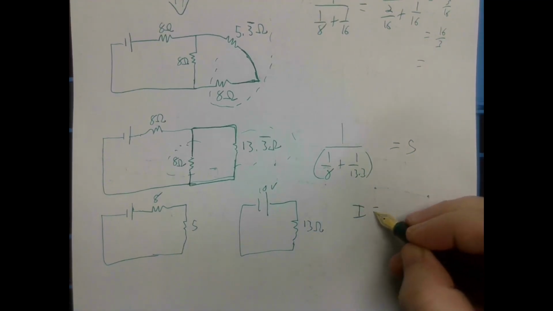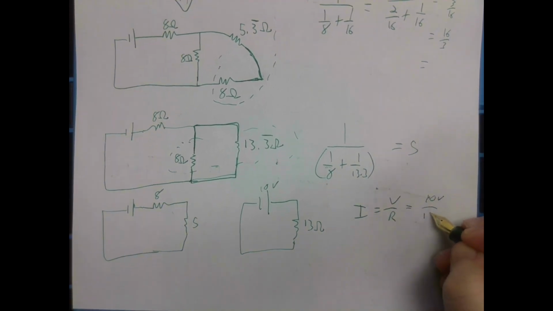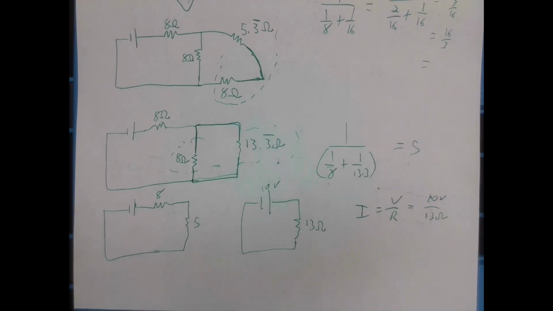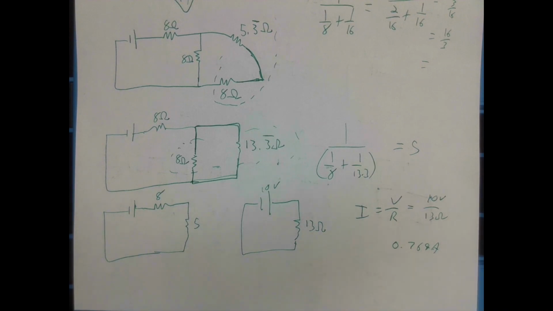The current is equal to voltage over resistance. That'd be 10 volts over 13 ohms. And that gives you 0.769 amps. Make sense? Go slow.